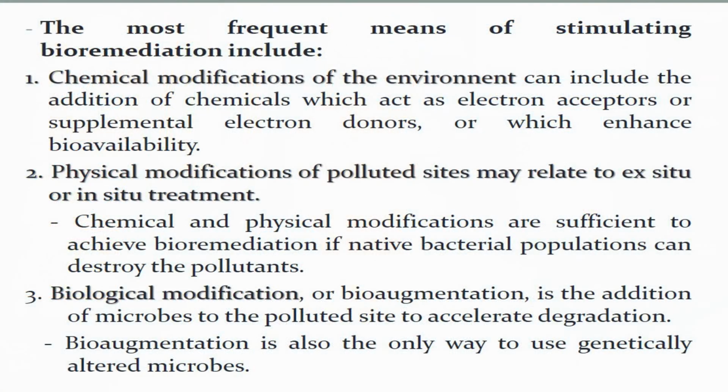The most frequent means of stimulating and improving bioremediation include chemical modifications of the environment, such as the addition of chemicals that act as electron acceptors or supplemental electron donors, or that enhance bioavailability. So you can add chemicals to modify the environment for bioavailability.